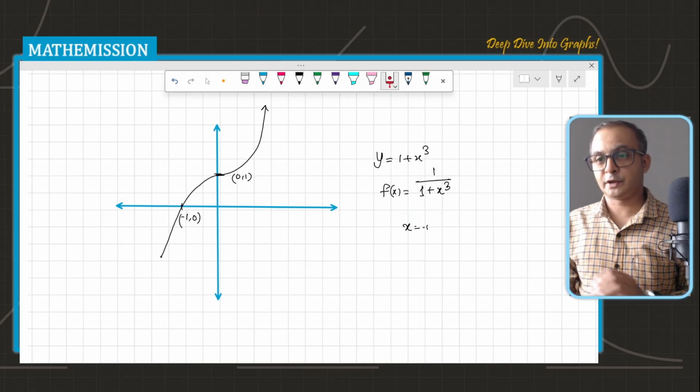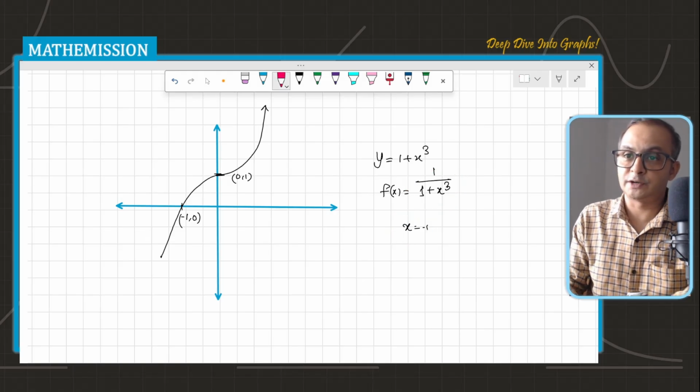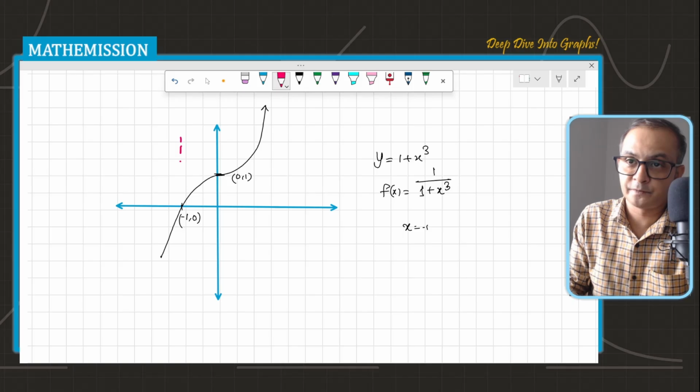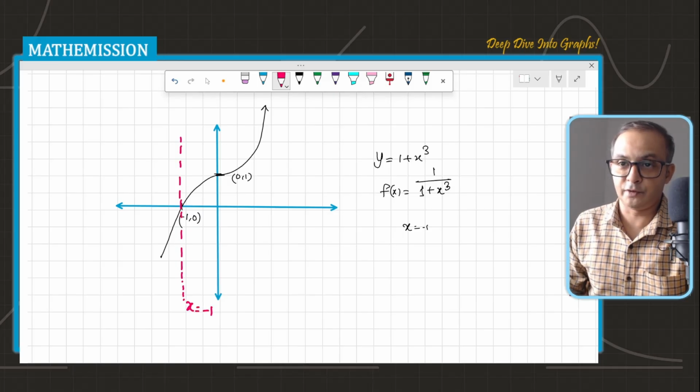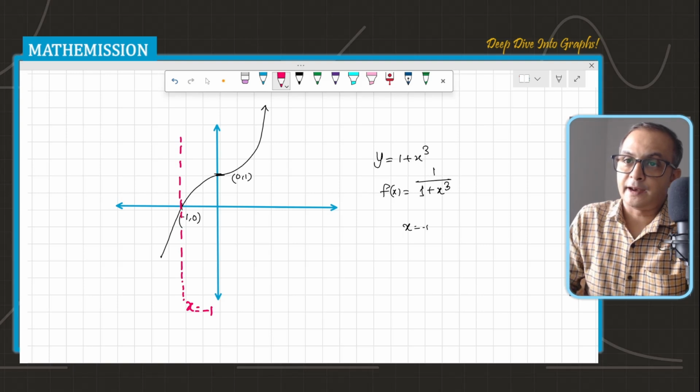And when the denominator becomes 0, there must be an asymptote. So let me draw the asymptote first. So x equals -1 will serve as an asymptote for 1 by 1 plus x cubed. And now what will happen? We have to draw the graph.